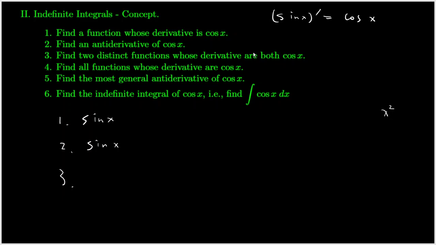You think which function has the derivative of x squared? If you can find that function, then the question mark is the antiderivative of x squared. Later on, I'm going to tell you the general formula, but if you can guess a function, then you know the concept.